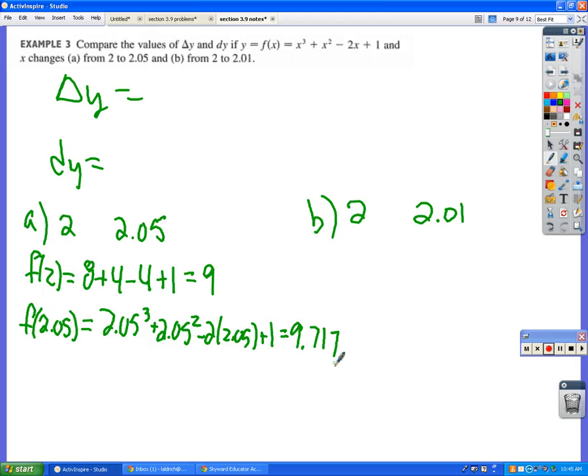Okay. So that means in this case the delta y is how much? 0.717. Good question. Yeah, because we're going y2 minus y1.